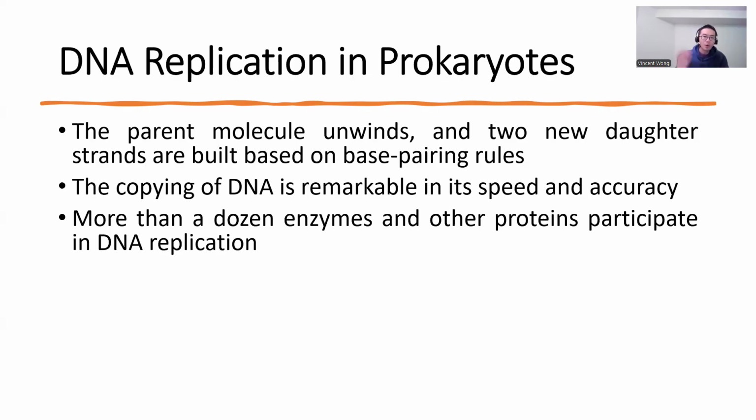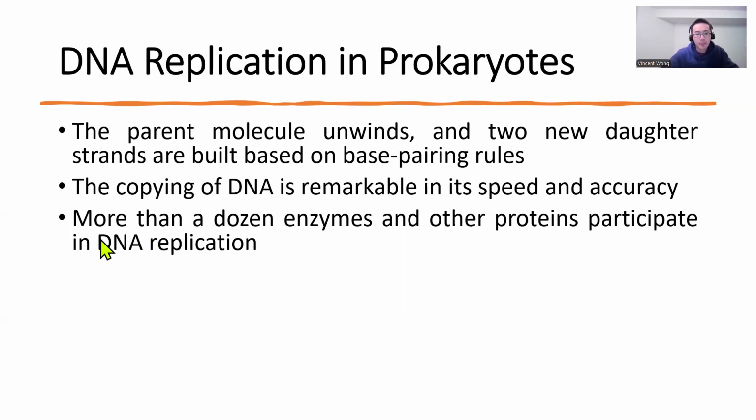It goes only about 40 base pairs per second because there are a lot of proteins stuck to the DNA, and to unwind it takes a little bit more time. And in humans, there are a lot more base pairs in total as well, up to 3 billion base pairs. So it does take a little bit longer to copy all of the genetic material.